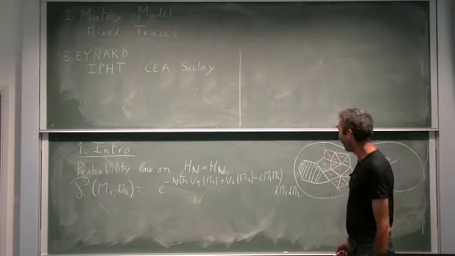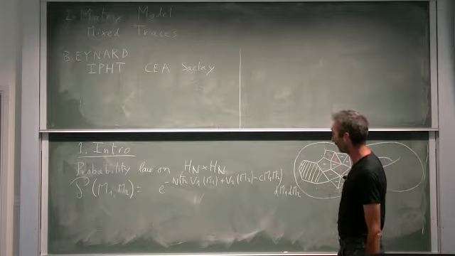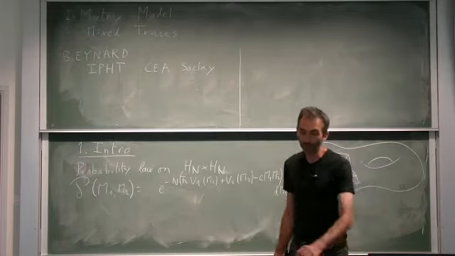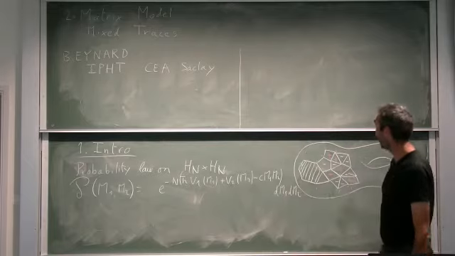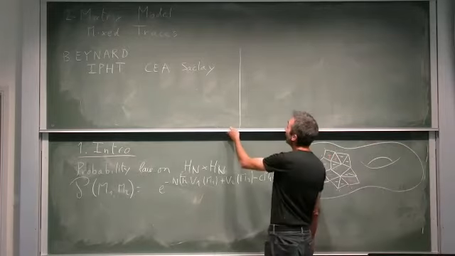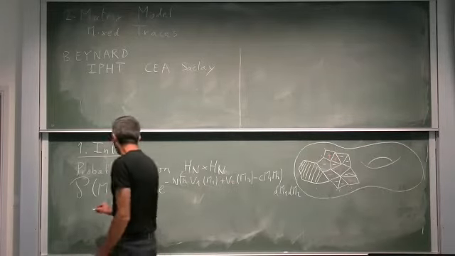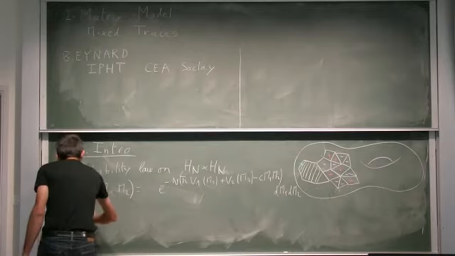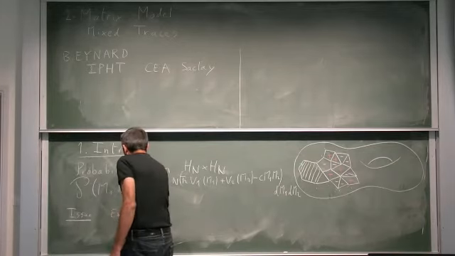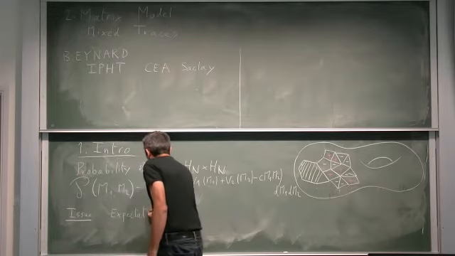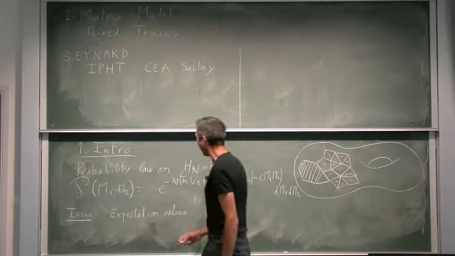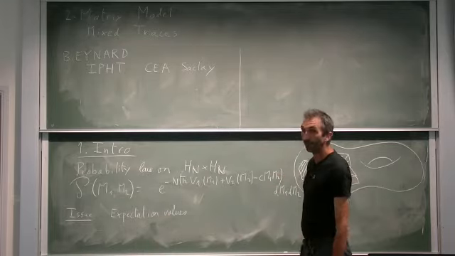Typically V1 and V2 will be polynomials. I will write them in more detail later, and so it's a probability measure. The main issue of what we want to do is to compute expectation values, typically of powers of the matrices M1 and M2.